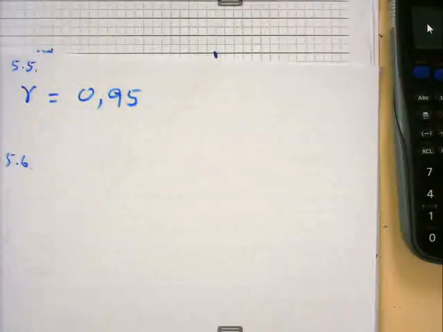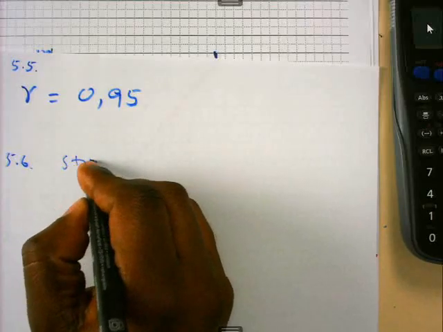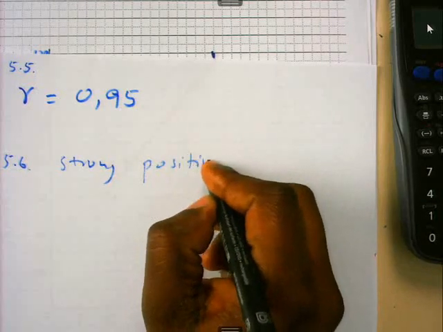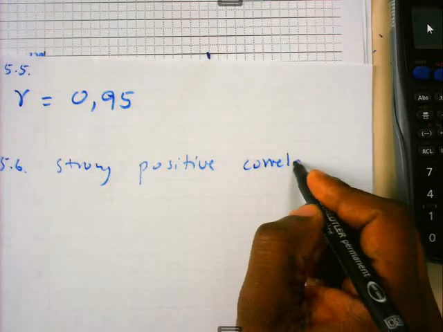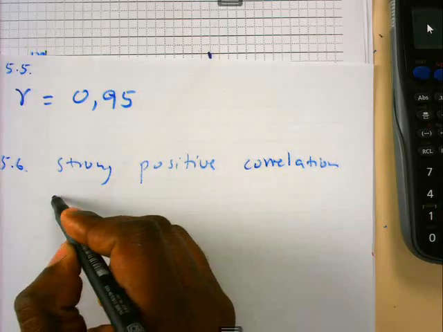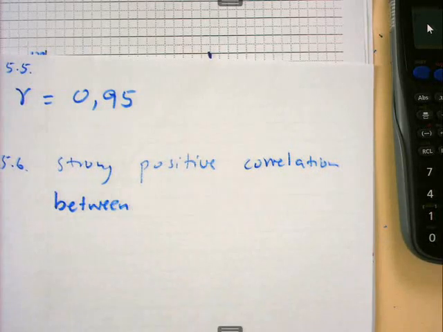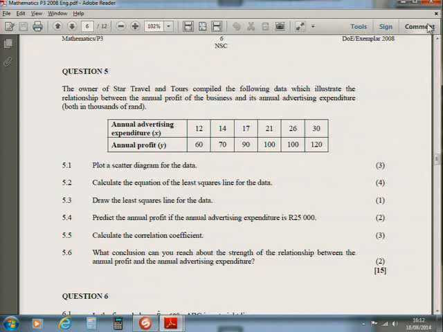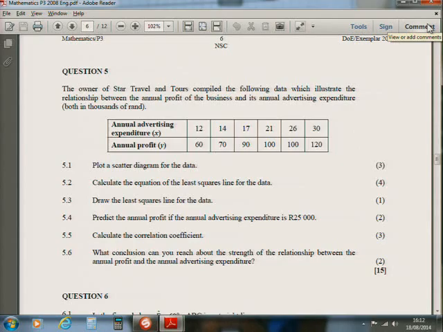It means your answer then is we have a strong positive correlation here between, let's go to the question, the annual advertising expenditure and the annual profit.